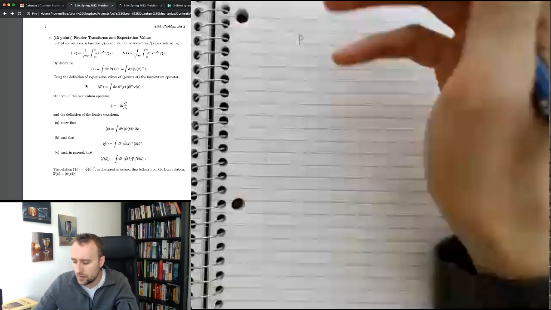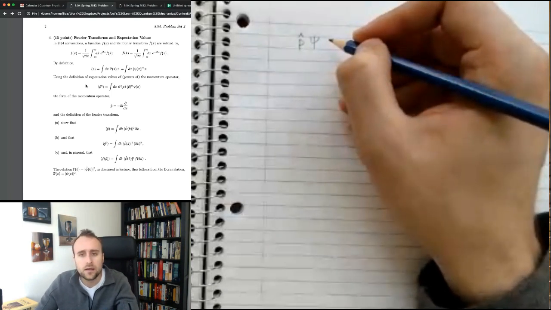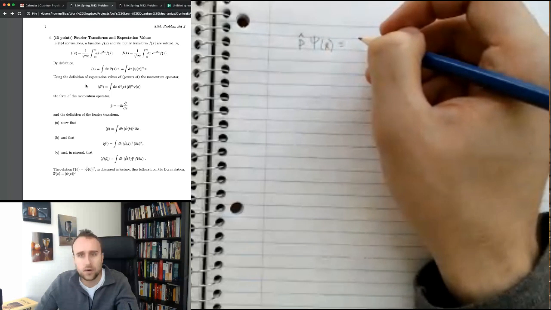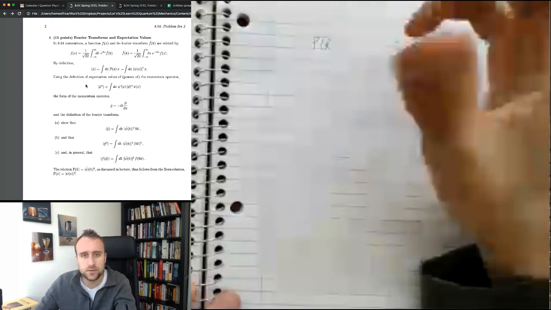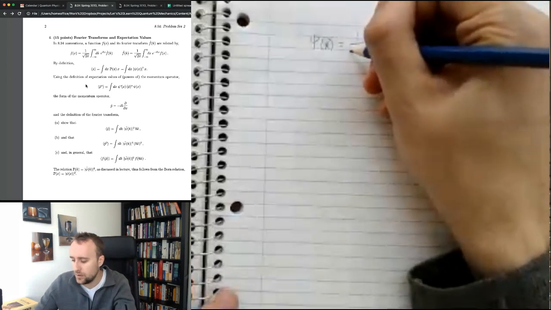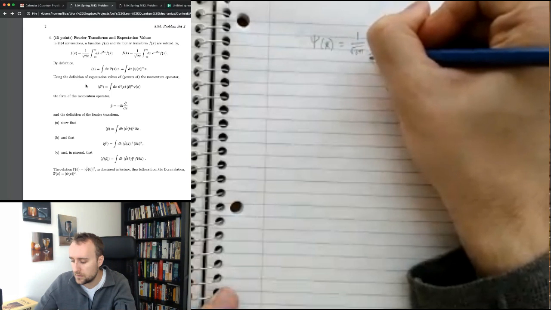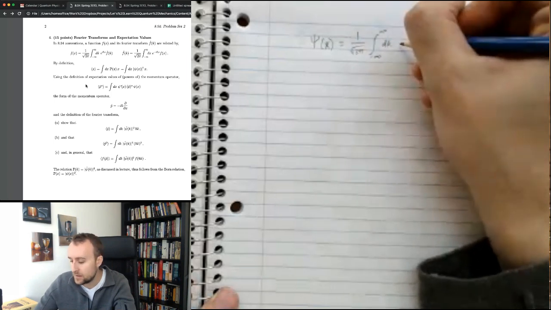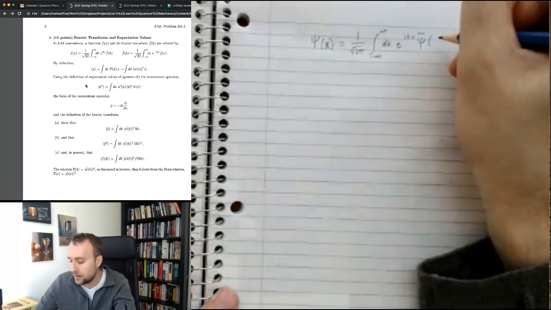The momentum operator of psi of x, because we can take, let's say we get psi of x is equal to 1 over root 2 pi, I guess this is a definite integral, dk e to the ikx psi tilde of k.